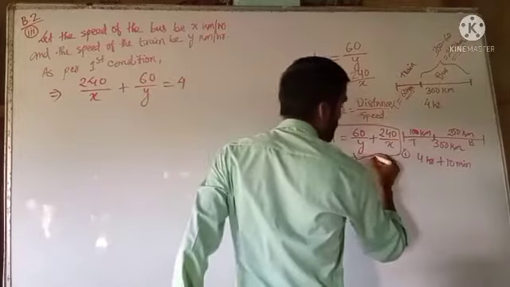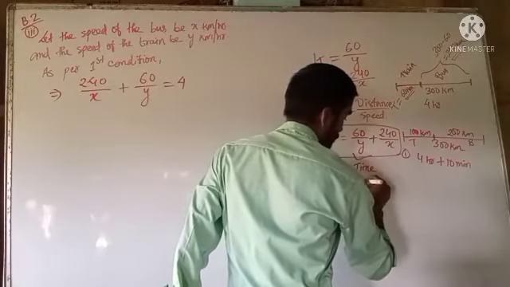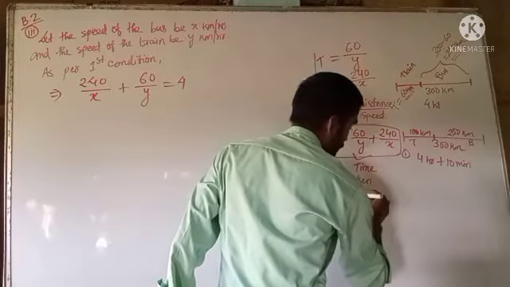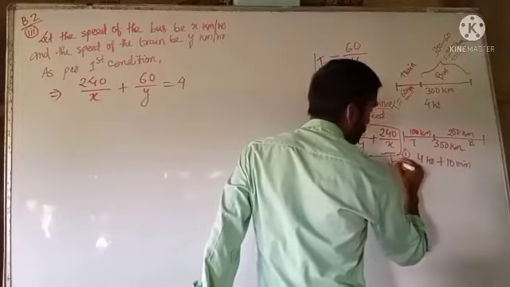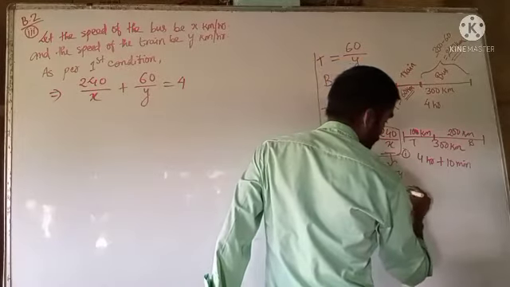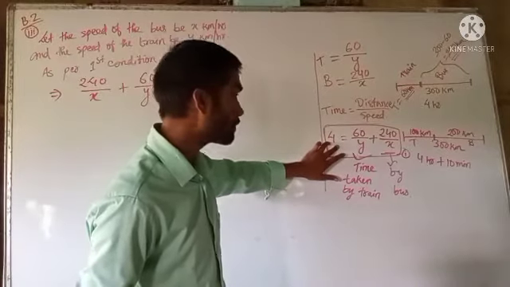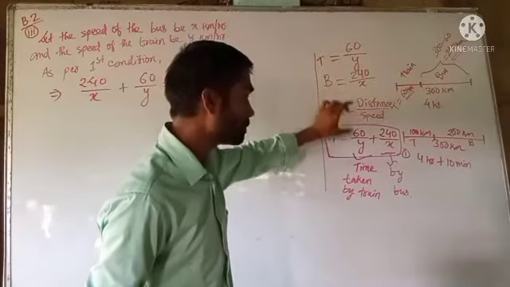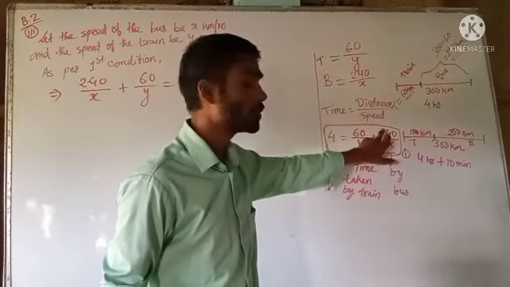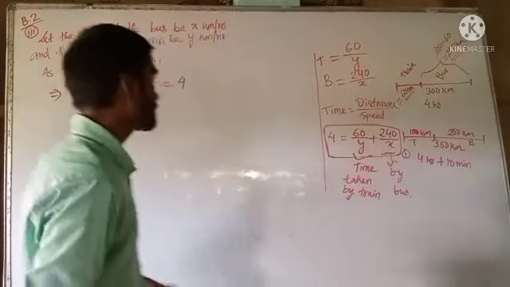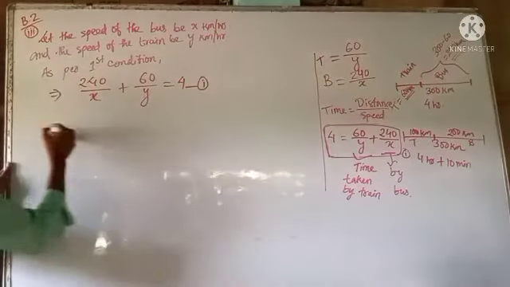That means this is the time taken by train and this is the time taken by bus. That means the total time is 4 hours, the time taken by train is 60 by y, and the time taken by bus is 240 by x. So that we have written here. Now we'll name it as equation 1. Now we'll form equation 2.